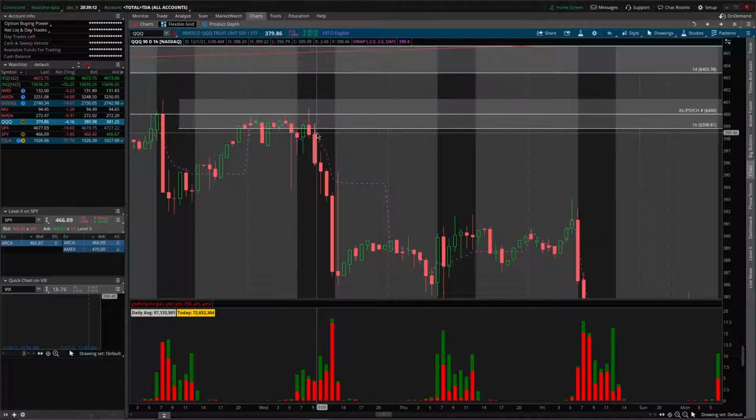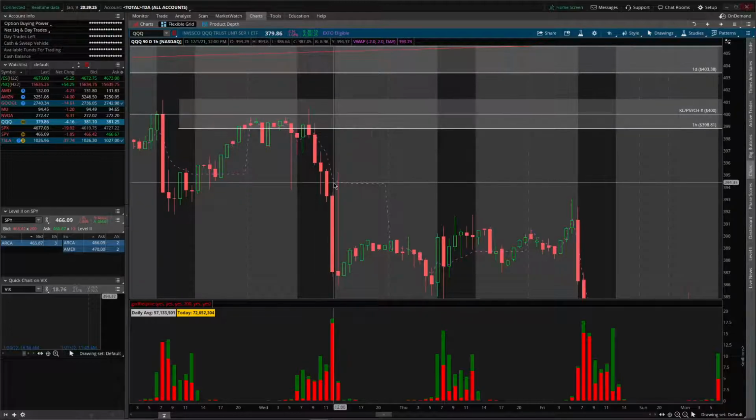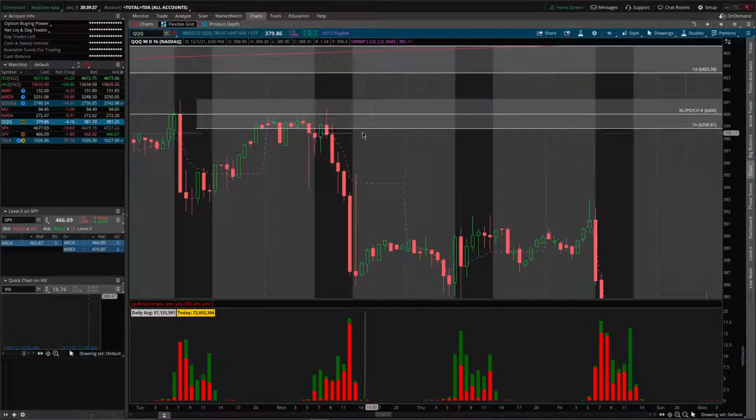And then right here, you could have played this 2 ways. Once you saw price reject this 400 level, you could have easily played puts to the downside, just based off that technical level, that 400 level.